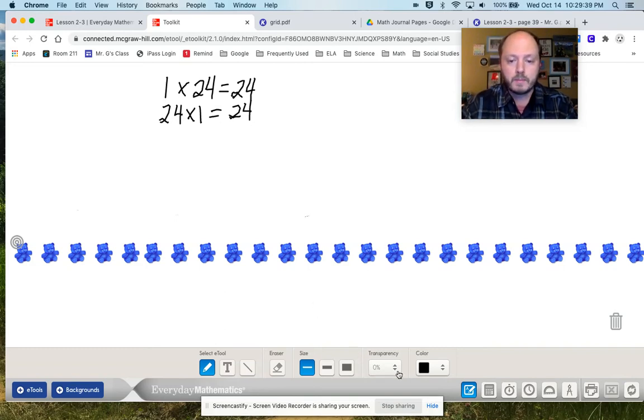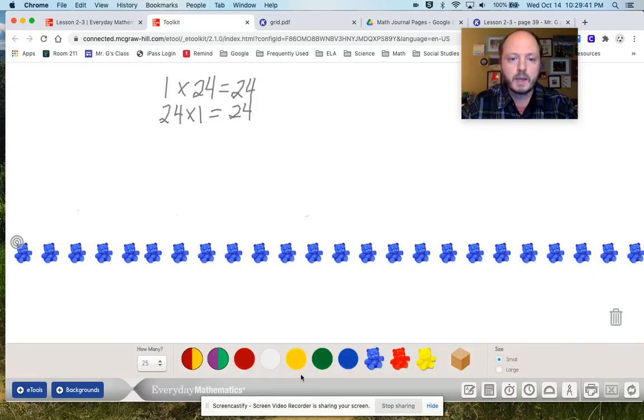All right, now back to the counters. So what if I take 2 rows here? If I take this in half, then I'm going to be able to do that. So half of 24 is 12. 1, 2, 3, 4, 5, 6, 7, 8, 9, 10, 11, 12.